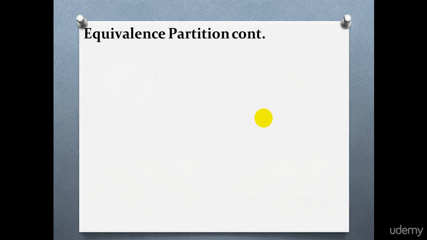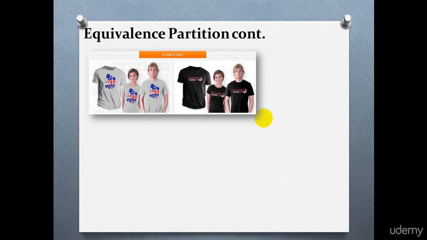Let's continue with the equivalence partition. In most real world scenarios, partitions can become really complicated due to multiple ranges in the input values. For example, consider preparing the test cases for an online clothing store.